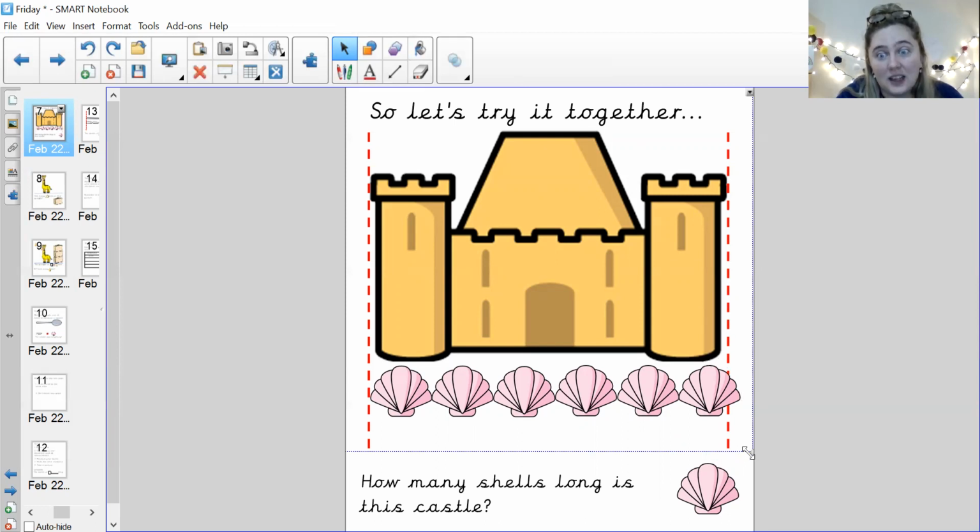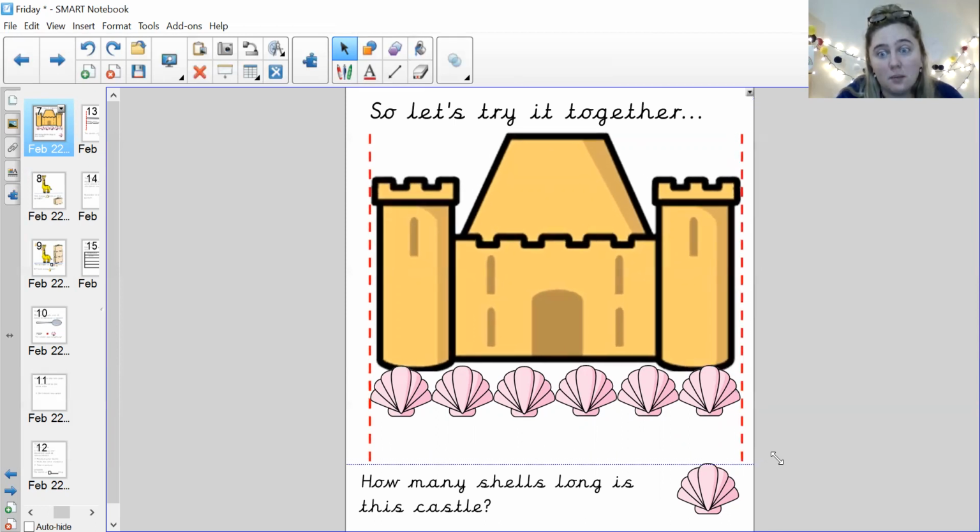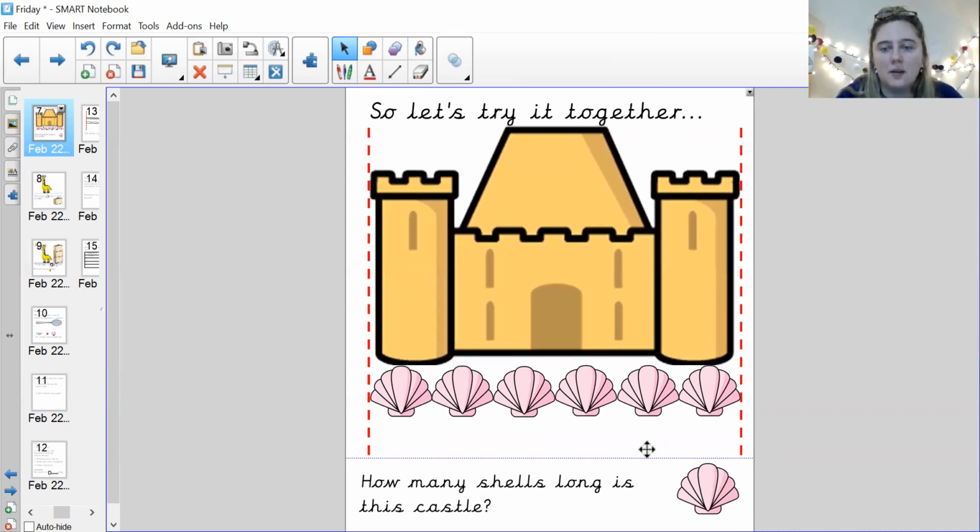Let's say 6. Let's make the castle slightly bigger so that it is 6. There we go. Okay, it is 6 shells long. So our stem sentence would be, the castle is 6 shells long. Your turn.